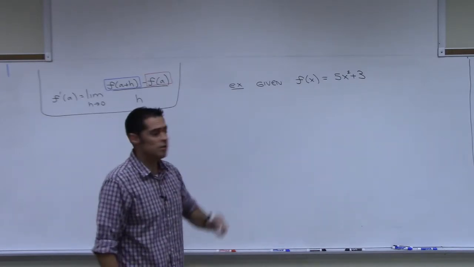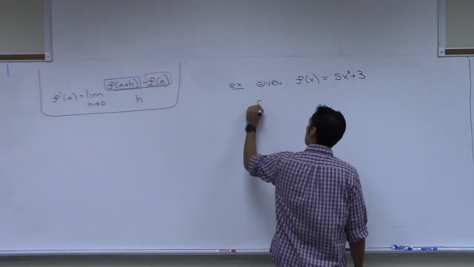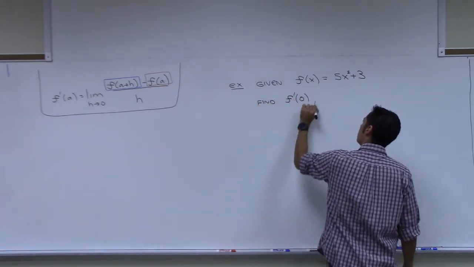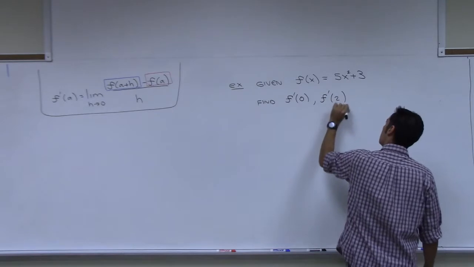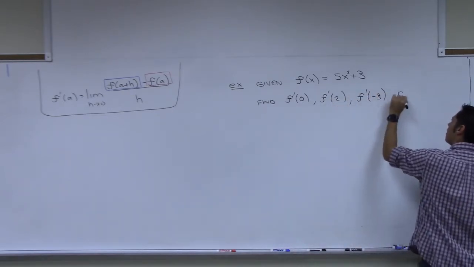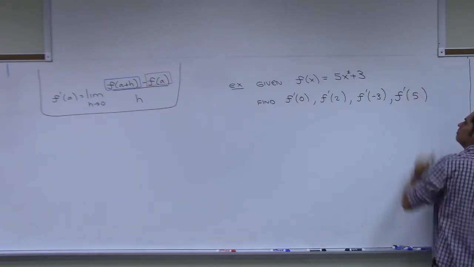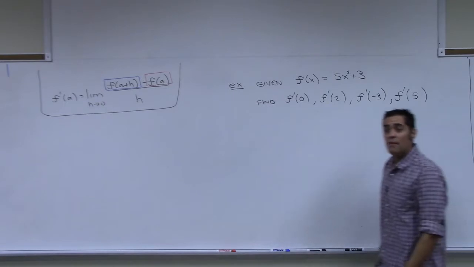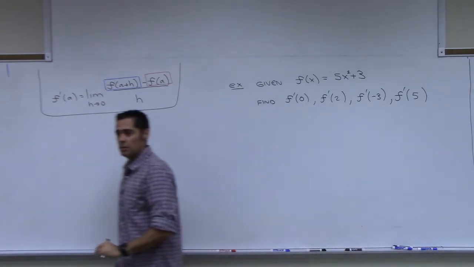So here are the instructions for this problem. Find f prime of 0, f prime of 2, f prime of negative 3, and f prime of 5. You have two options at this point.